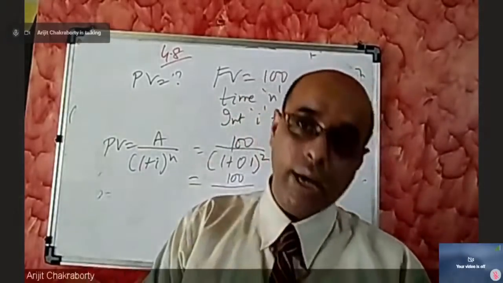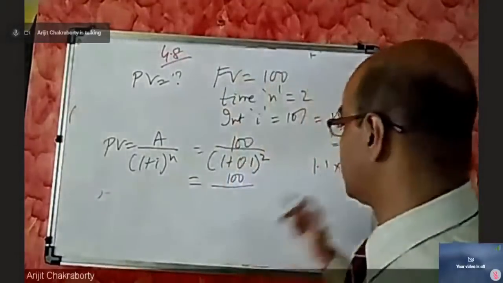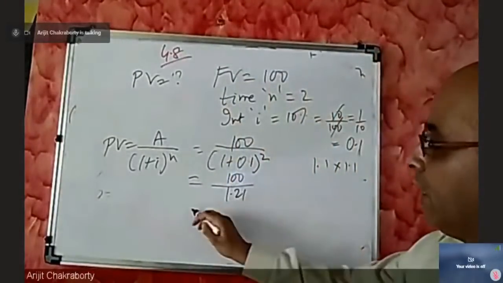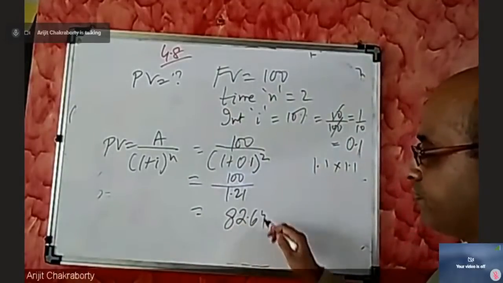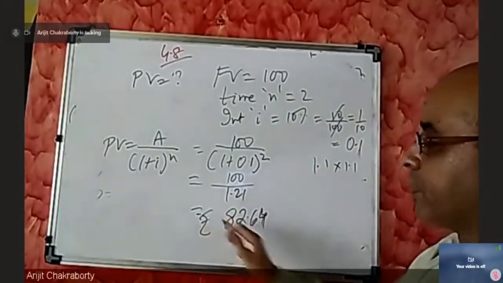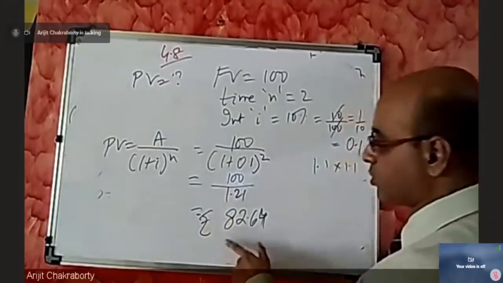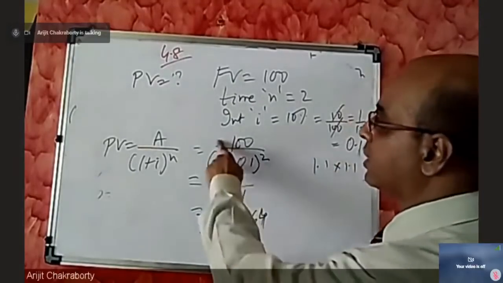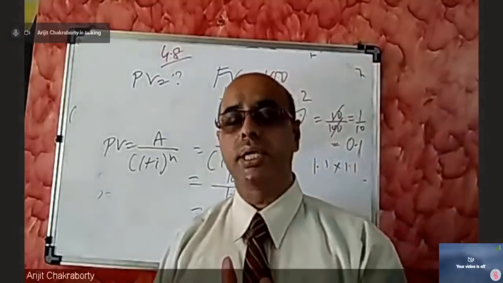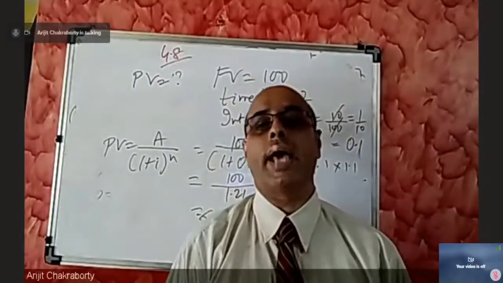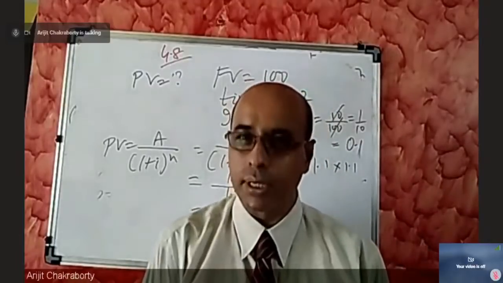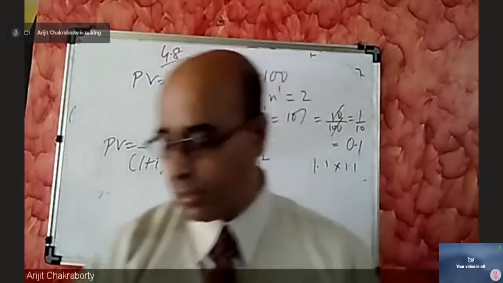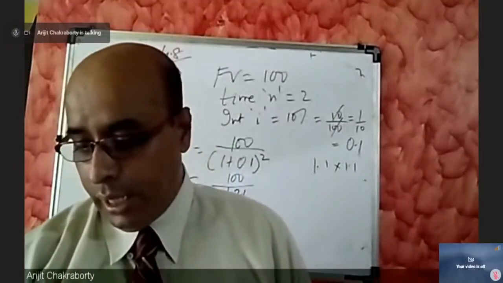You will get 1.21 and the answer is around 82.64. So 82.64 rupees will ultimately become 100 rupees after 2 years if you do compounding on an annual basis and the interest rate is 10%. So this is the concept of present value.